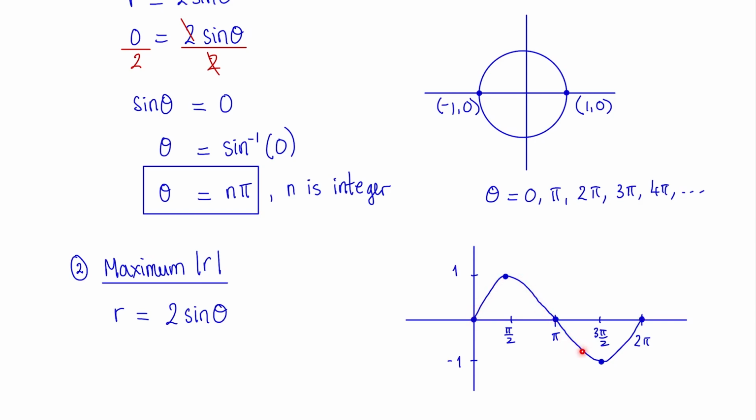In this cycle, I notice that this is the highest point of my graph. This is the maximum point of the graph of sine of theta. And this maximum point is when theta equals pi over 2, and that is when sine equals 1. So r equals 2 times the maximum value of sine of theta, which means your maximum value of r is 2.